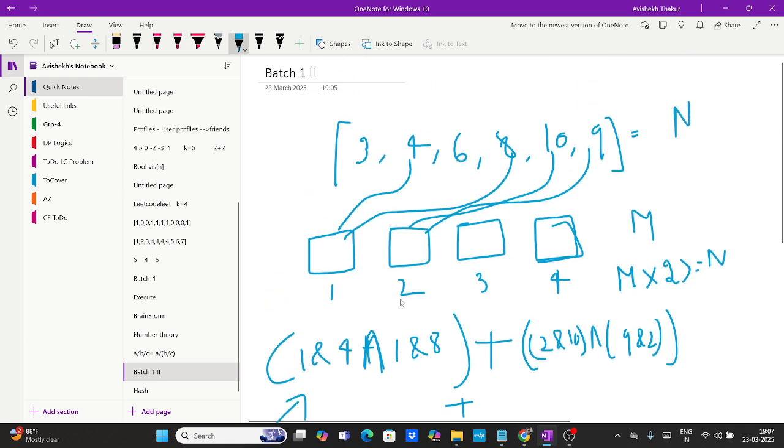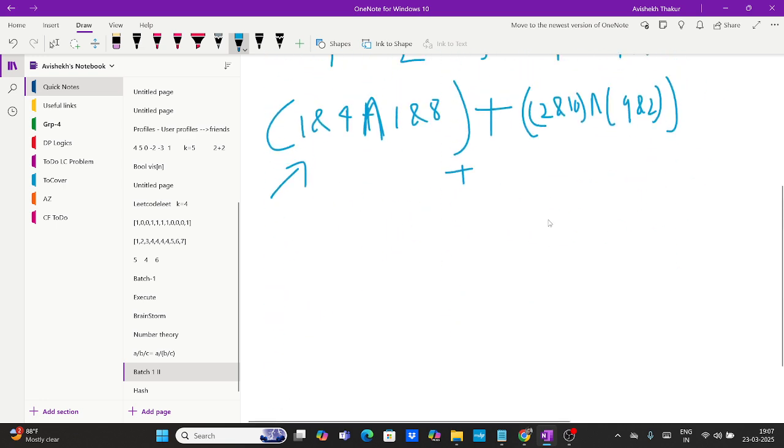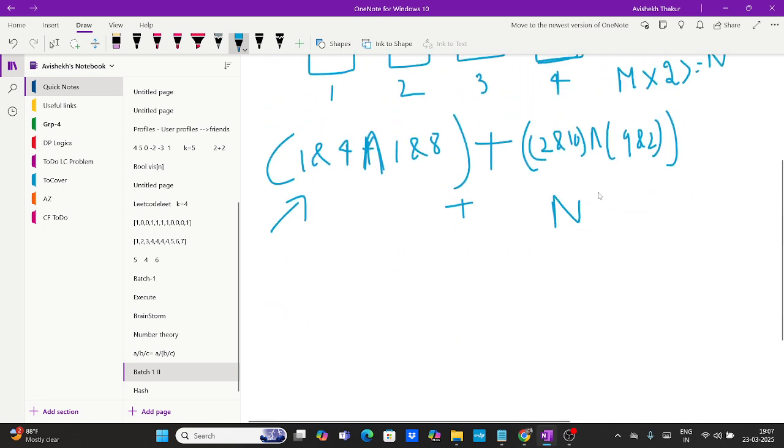Is the question clear? Yes, got it. And n is less than or equal to 9.